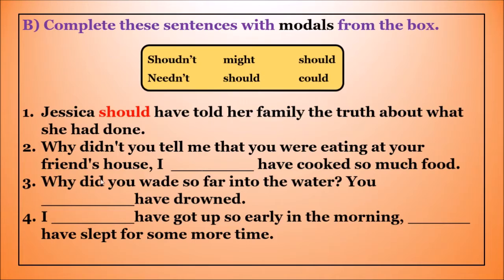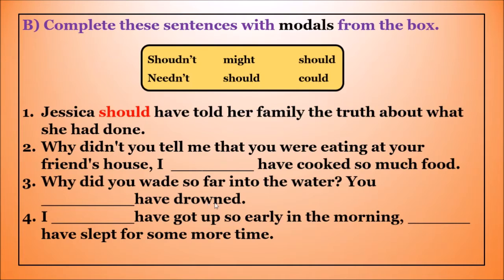Third one: why did you wade so far in the water? You dash have drowned. For example, if we take you to the beach and you go so far into the water, what will happen? We may drown, right?